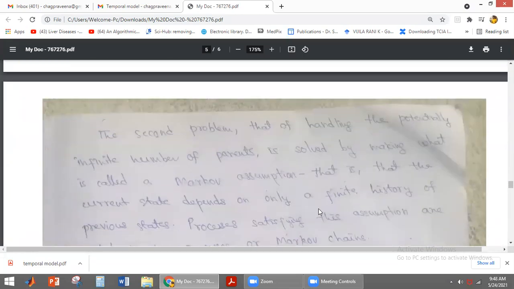The second problem is that of holding a potential infinite number of parents. Each variable can have an infinite number of parents. That can be solved by the Markov assumption.